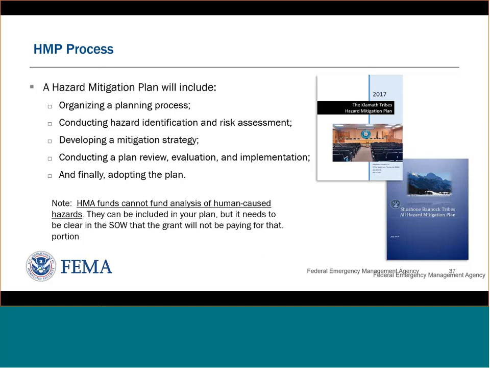So remember, the hazard mitigation planning process is a structured process to baseline what risks are within your community and what you want to do to reduce those risks. Within the plan, there's documentation of the process that was actually taken to develop the plan. This will include which partners were at the table.